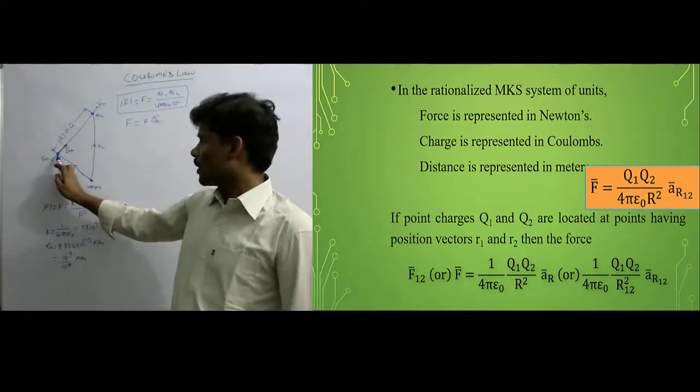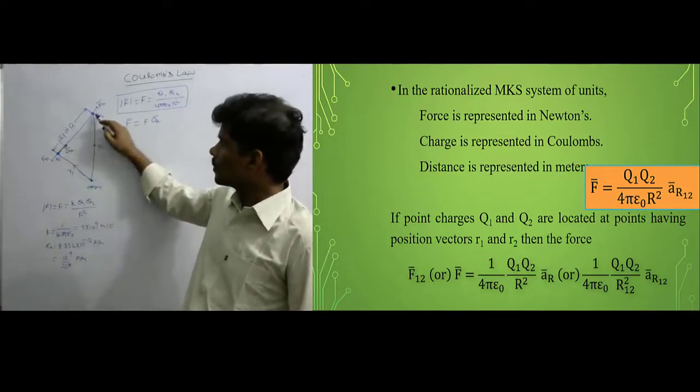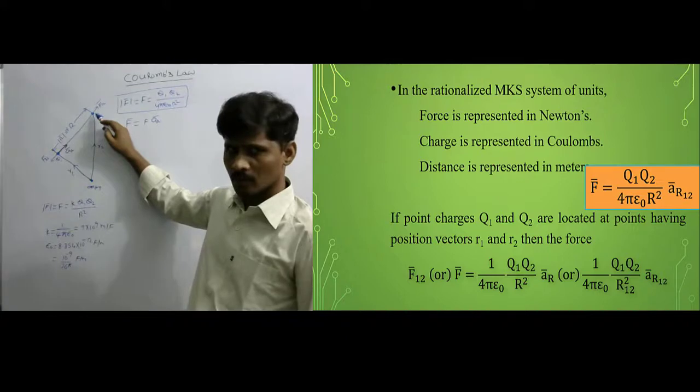At this point charge Q1, what type of position vector is located? R1. Here R2 position vector is located.